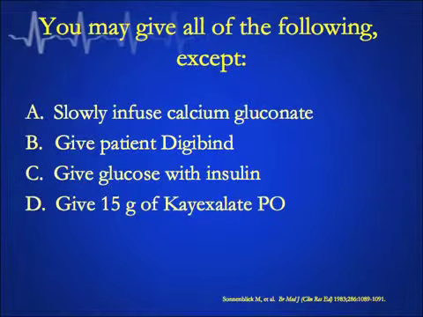You may give all of the following except, again, I'm asking the same thing. Slowly infuse calcium gluconate, give the patient Digibind, give glucose with insulin, give 15 grams of Kayexalate.